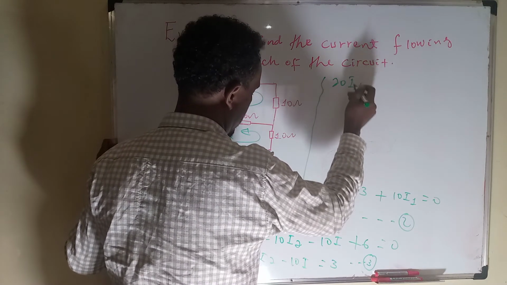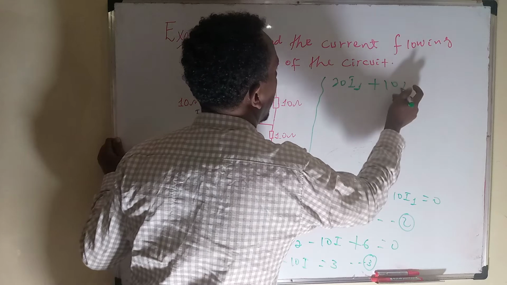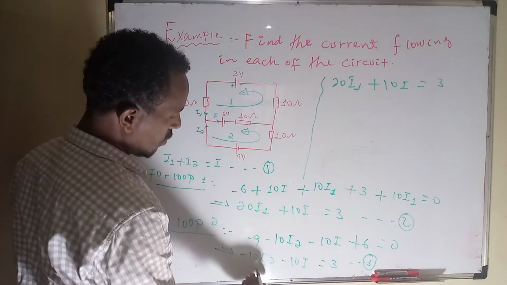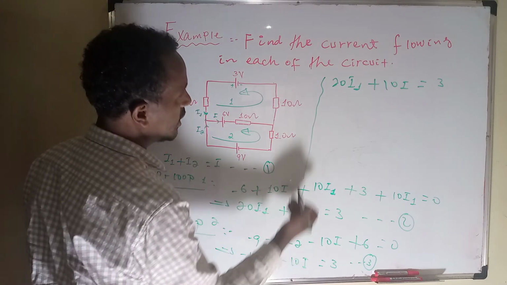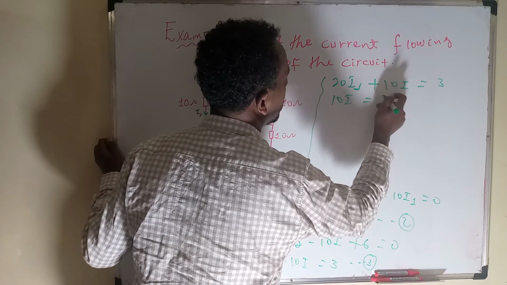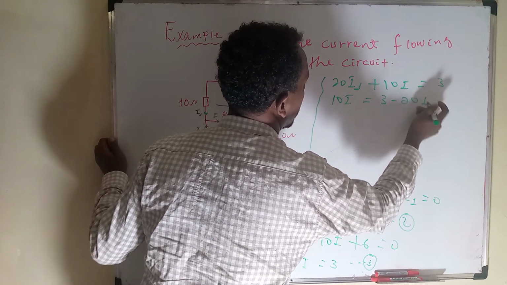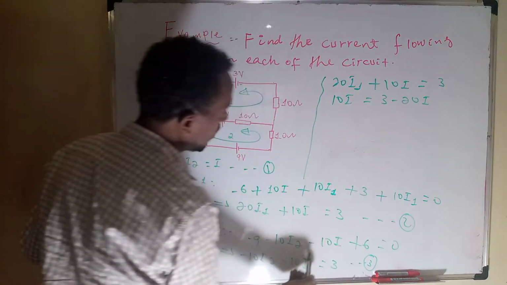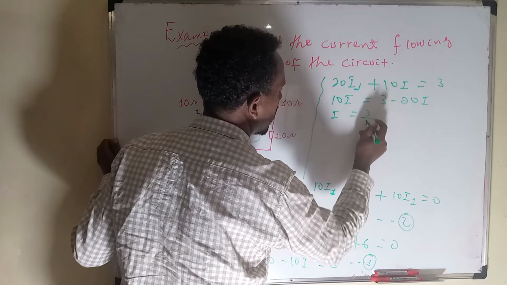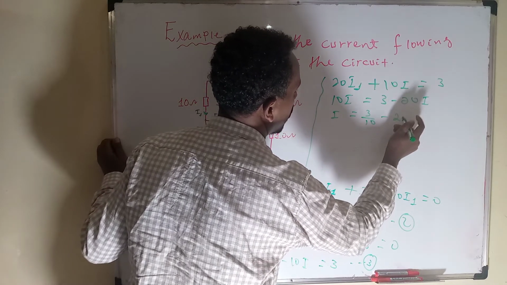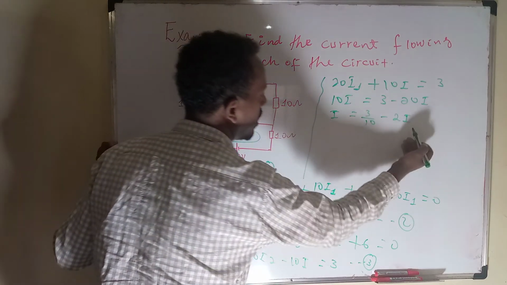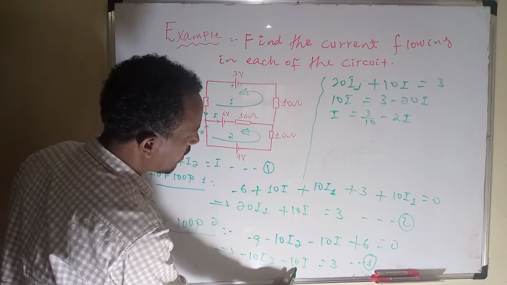20 I1 plus 10I is equals to 3. So I2, I have I, 10I is equals to 3 minus 20I. Let me substitute this here. I is equals to 3 over 10 minus 2I.